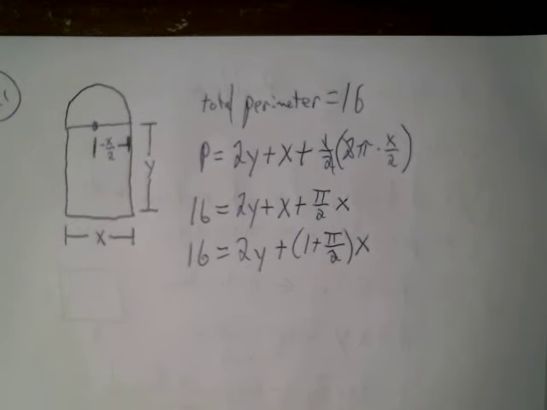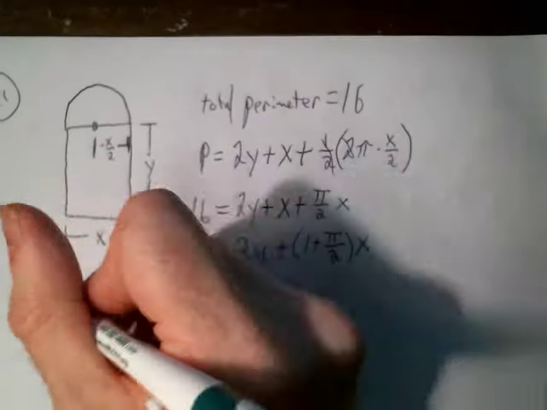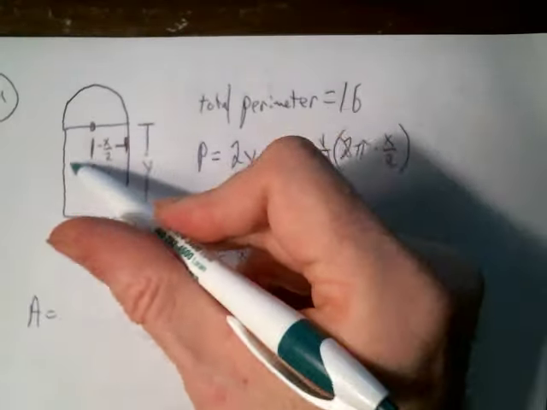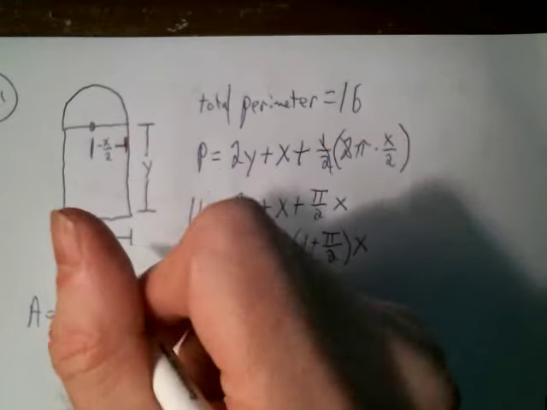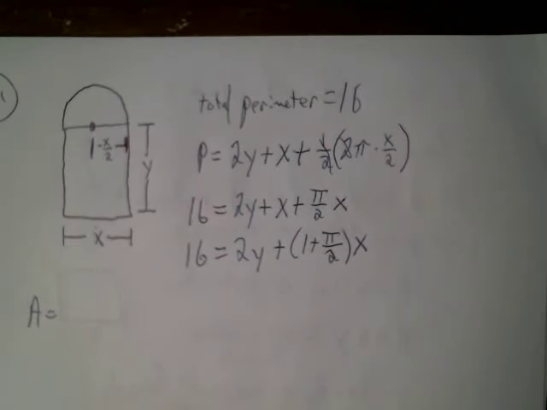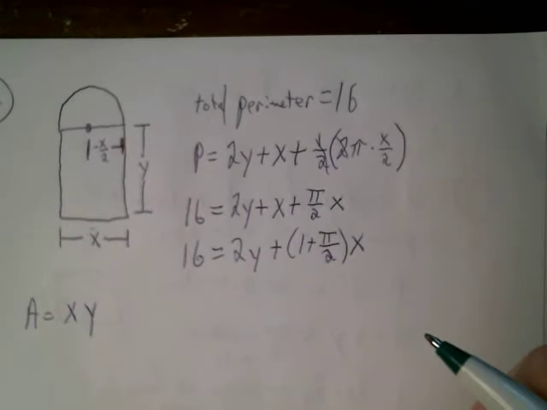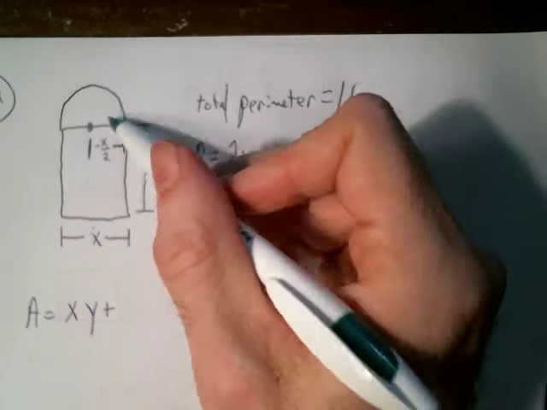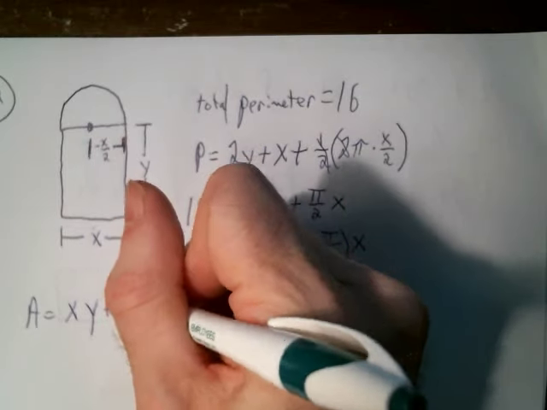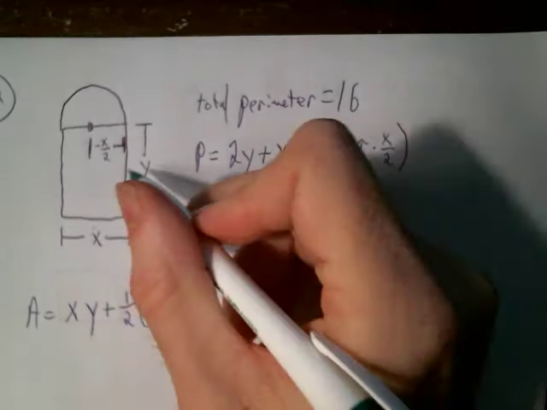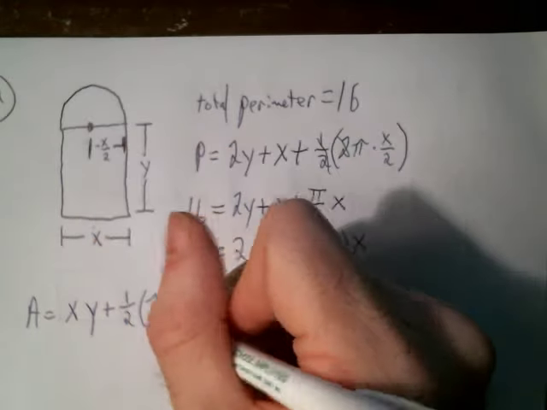Okay. I also need an area formula, so let's worry about the area. The area will just be the area of this rectangle, which is length times width, which is x times y. And then we have to add in the area of the semicircle, which is 1/2 its area. So 1/2 times pi r squared, where r is given by x over 2.